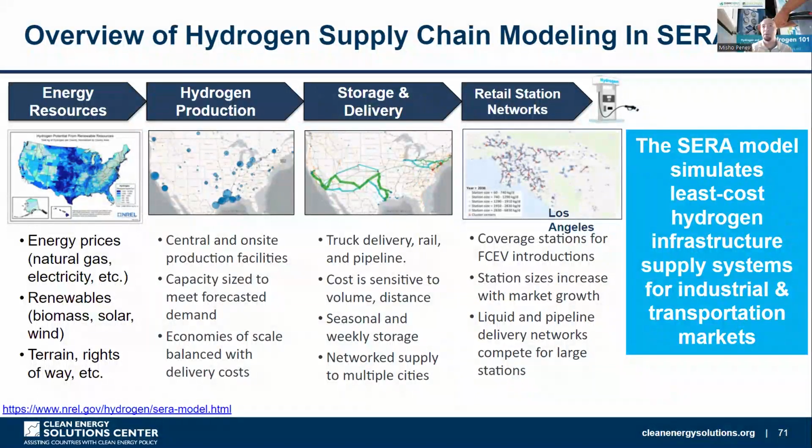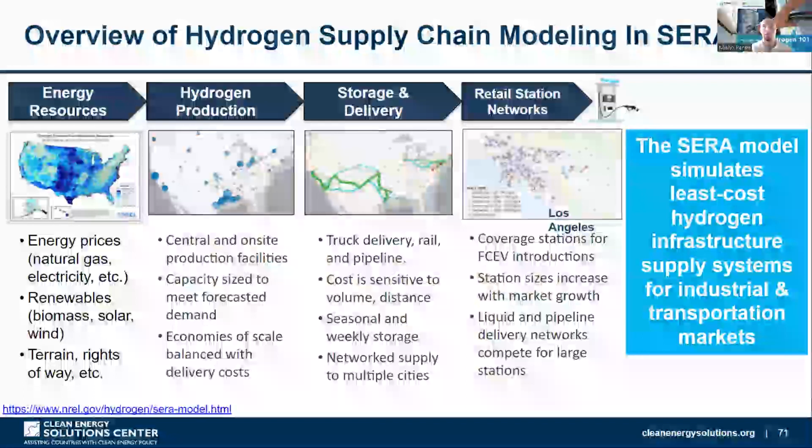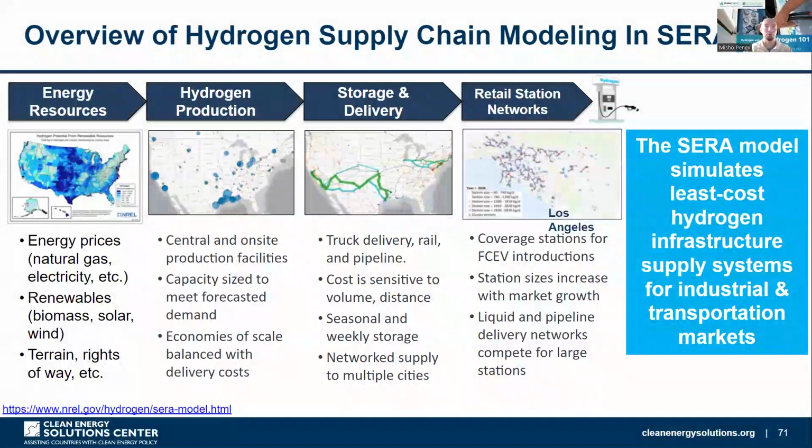The model also goes into a little bit more detail on the transportation side. So if you're looking at where to site hydrogen fueling infrastructure, it will do that for you. Or if you're just interested in industrial scale hydrogen, which is not as finely distributed within urban areas, the model is flexible to set up those types of scenarios as well.